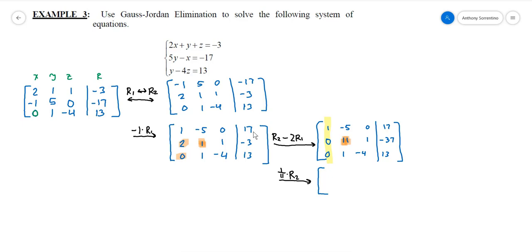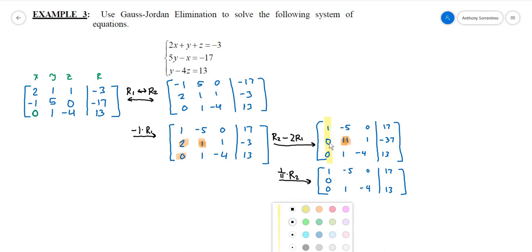So this column, well, first of all, row 1 and row 3 are not being affected by this row operation because it's only affecting row 2. 0 times 1/11 is still 0. So notice again, my column of 1s and 0s have remained unaltered. 11 times 1/11 is going to give me the 1 I want.